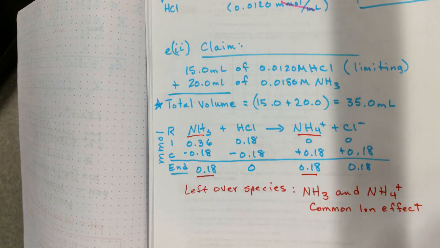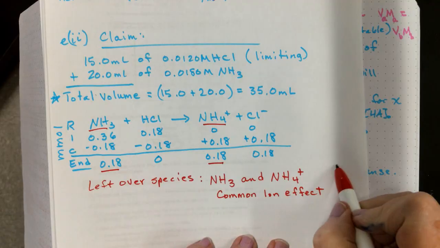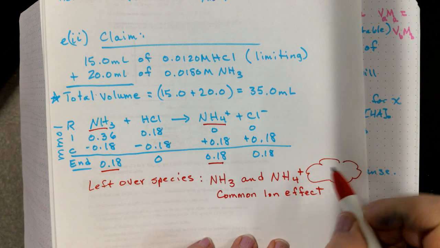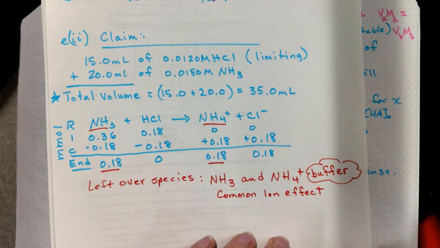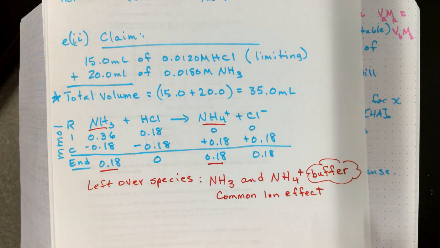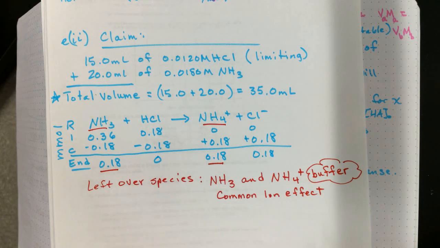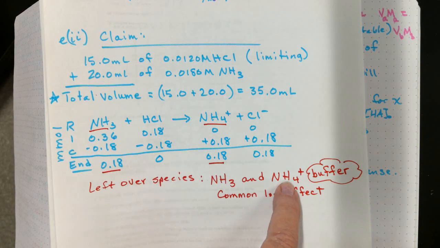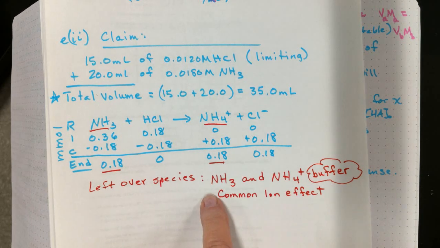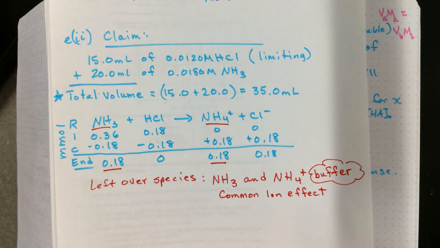And when it's a conjugate acid-base pair of a weak base or weak acid, those solutions are given a special term. They're called buffers. So this will make a buffer. A buffer is a weak base and its conjugate acid. If both of them are in solution, you've got a buffer.